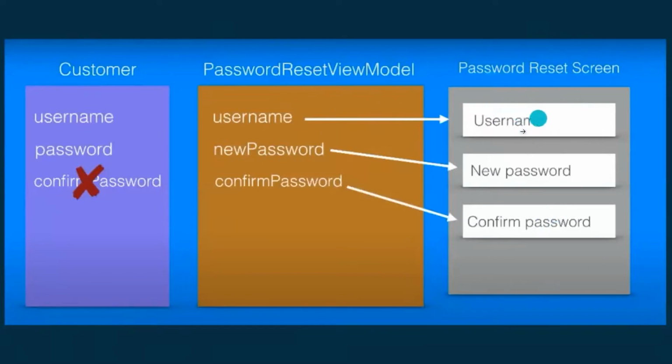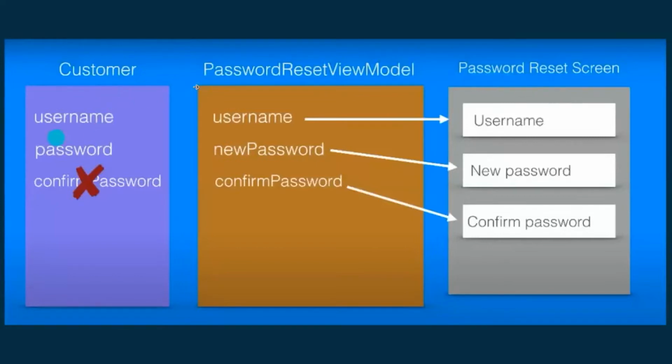It has three attributes: username, new password, confirm password. Now this is the model part: username and password. Tell me, is it necessary to have a confirm password attribute in the data? We don't need to store the confirm password in data, of course, it's unnecessary. So what happens if there was a direct contact between this model and the view?